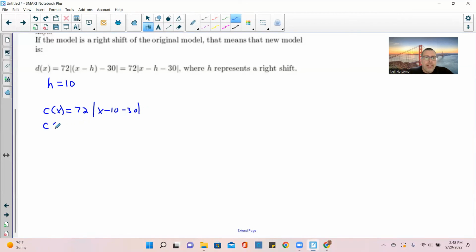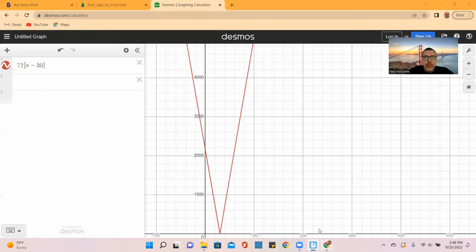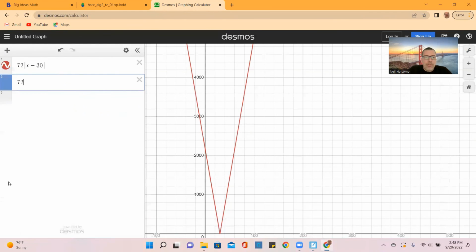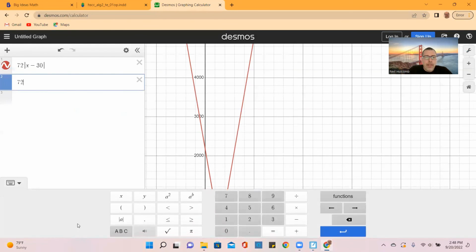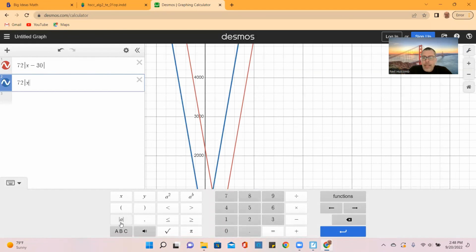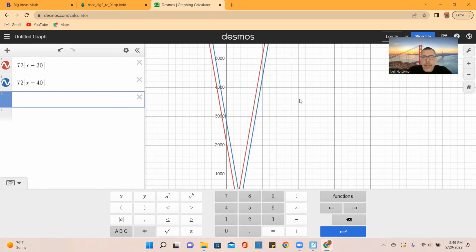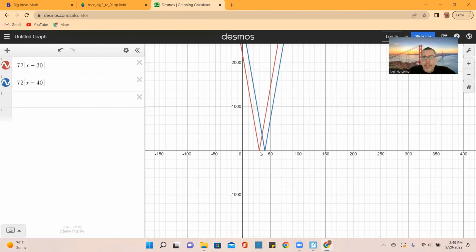So C of x would be 72 times the absolute value of x minus 40. So if I graph that in Desmos, it's going to be 72 absolute value x minus 40, enter.